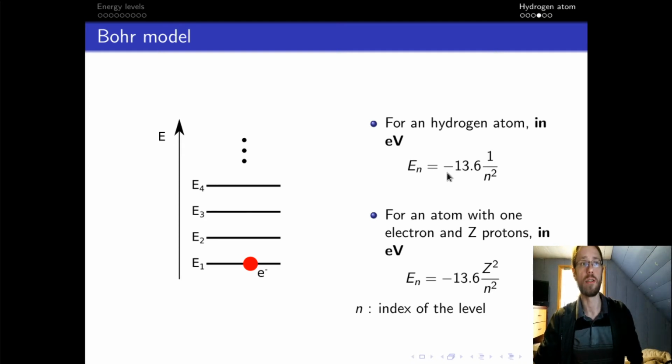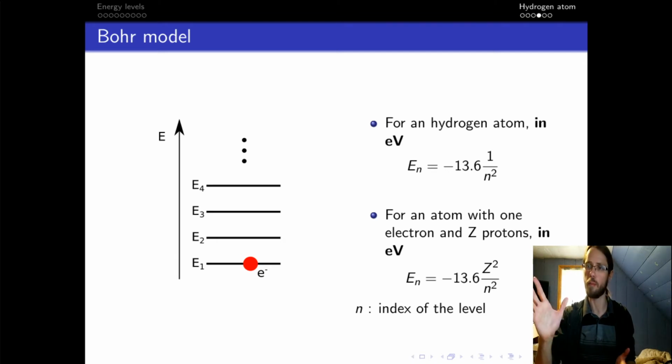Negative, due to the same reason as when we discussed the photoelectric effect: whenever it is bound, we will take the electron as having a negative energy, and whenever it is free, a positive one. So the negative comes from this.